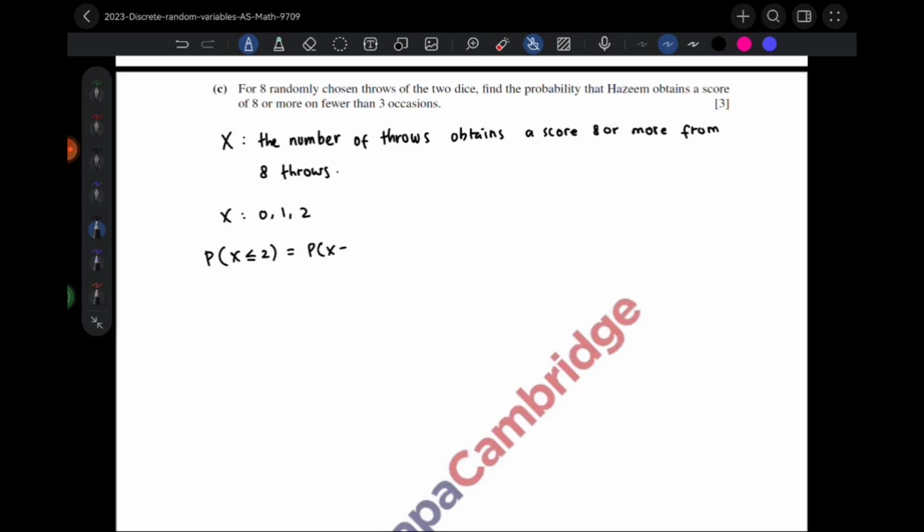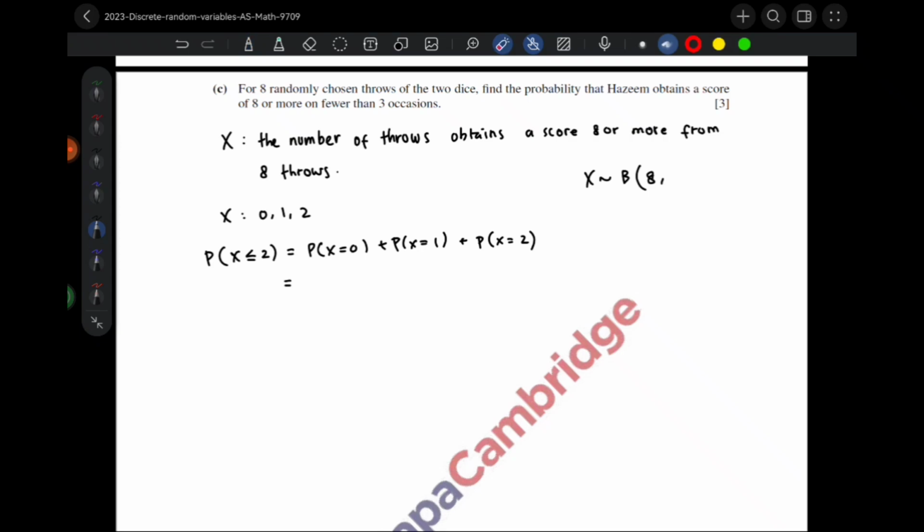This is divided into 3 parts. Probability x equals 0, x equals 1, and x equals 2. So for the answer, remember the formula of the binomial distribution. We have our x. I'll write the distribution first. X follows a binomial distribution with n, which is how many experiments we have, which is 8, and probability of success.